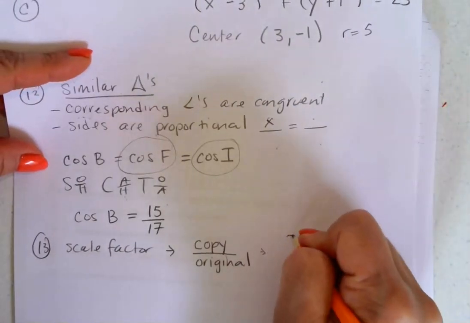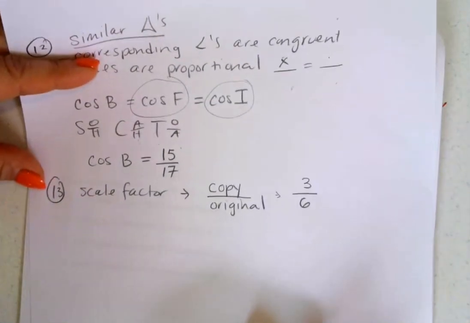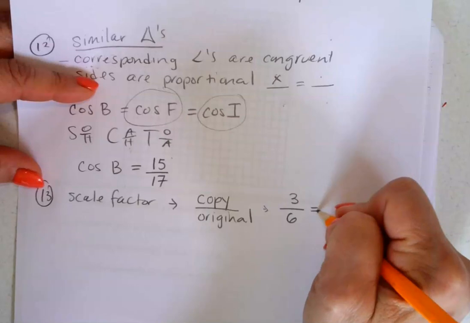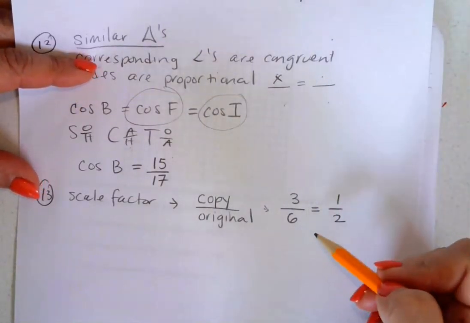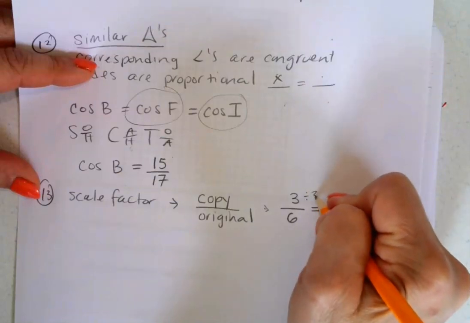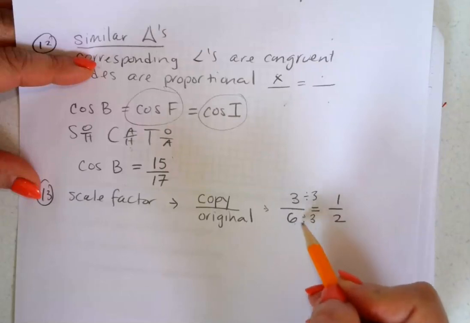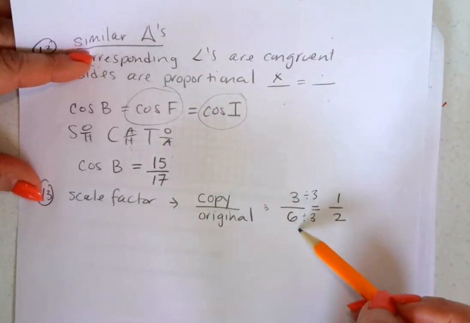So that we can think of it as the copy is 3 and the original is 6. That's one way to think of it. 3 over 6 is equal to 1/2 if we simplify this fraction. 3 divided by 3 is 1, 6 divided by 3 is 2, and obviously 3 is 1/2 of 6.